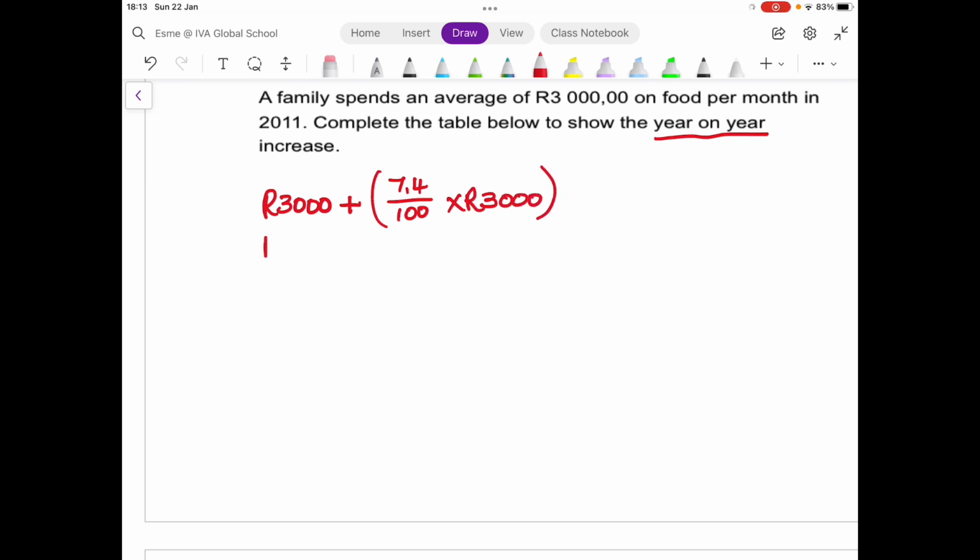So that is going to increase by 3,000 plus 222 Rand. So now I have to add these two together. 3,222 Rand. That would be in 2012.